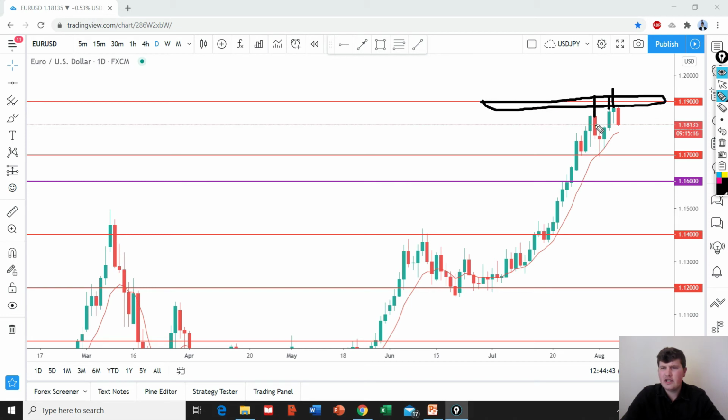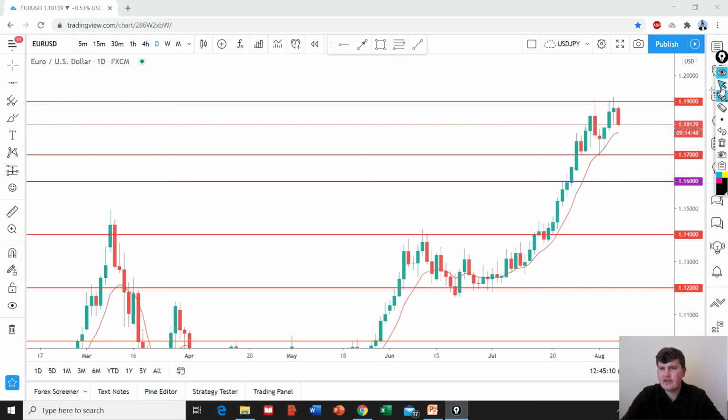Usually they push the price up into this psychological level where their orders are, and immediately when price hits this level, it has a reaction. It can either push the price lower or push the price higher aggressively. And as you can see over here, look at this bearish rejection candle when it touched the 1.19 psychological level.